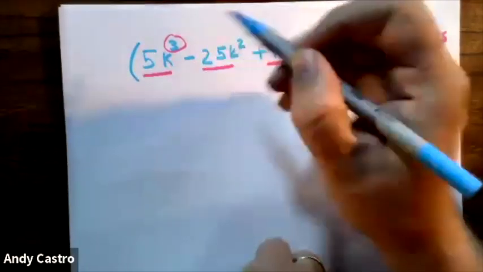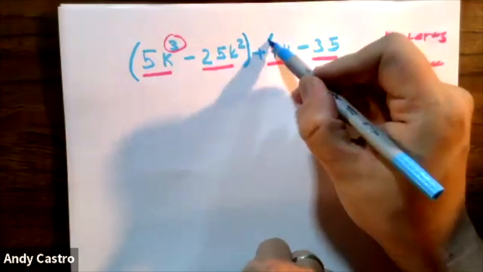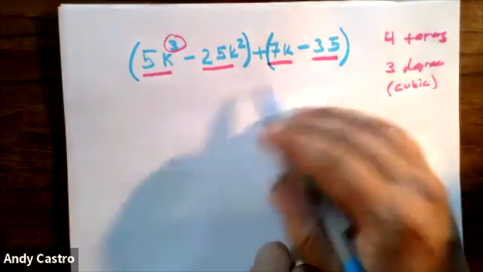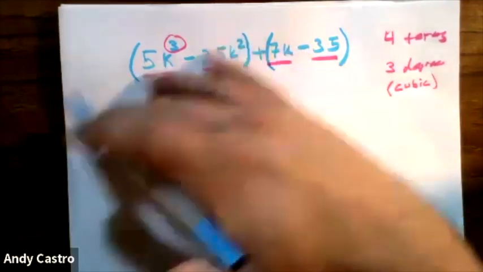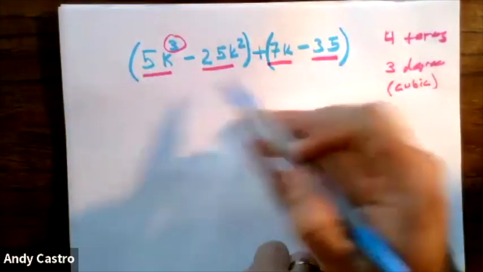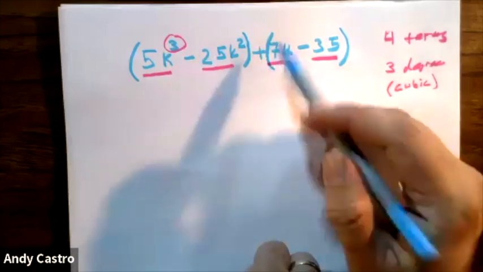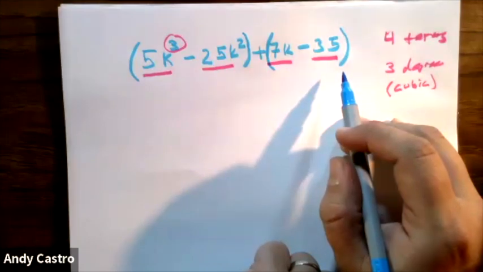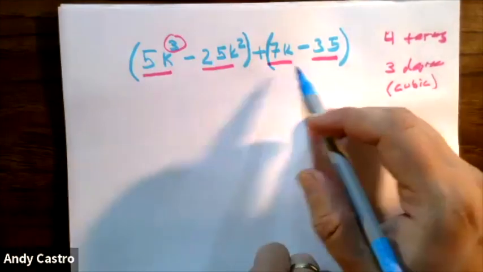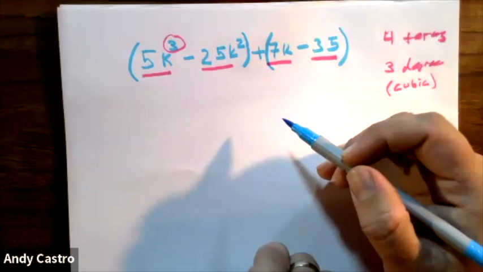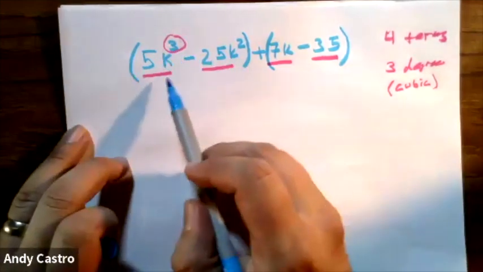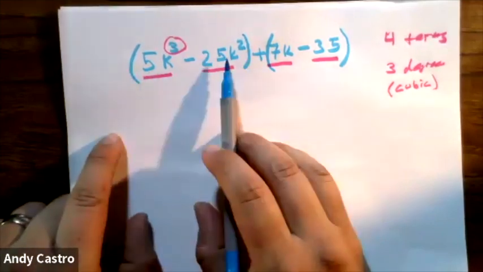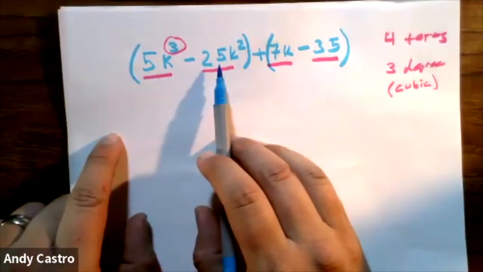So grouping, basically, there's a certain way we can look at it. If we go ahead and group the first two and the last two terms together, can I then factor out common factors so that I'm left with equal things inside the parentheses? Let me just show you what I'm talking about. Here, in this grouping with the parentheses, I have a 5 and a negative 25 for my coefficients.